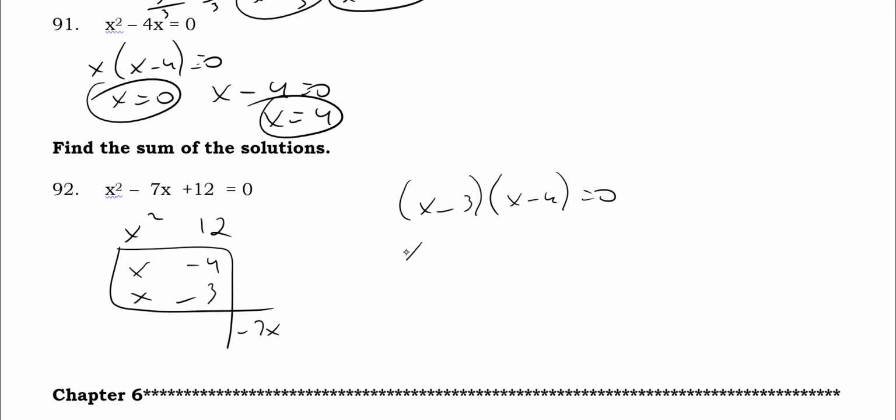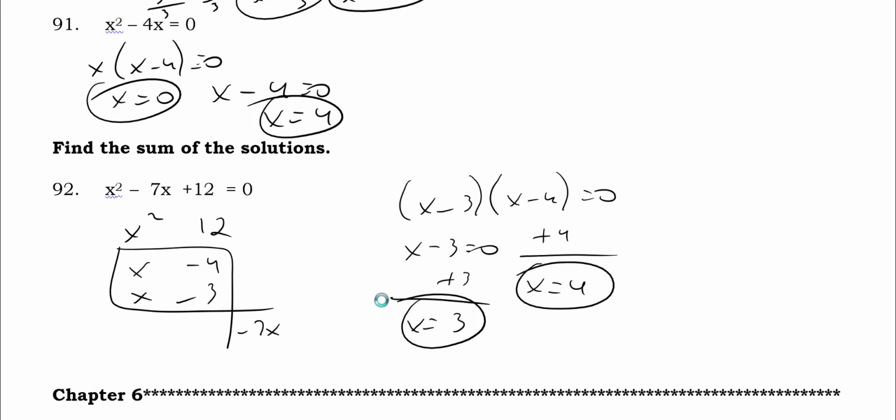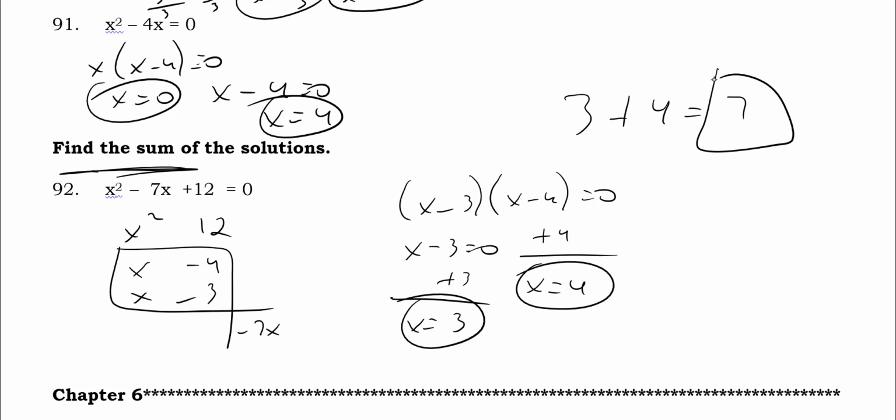And solve each one of these. So x minus 3 equals 0. So add 3, x equals 3. And add 4 to both sides. So x equals 4. So the deal is, don't give me those answers. They want to know the sum of them. So 3 plus 4 equals 7. That's my answer for this problem, 7.